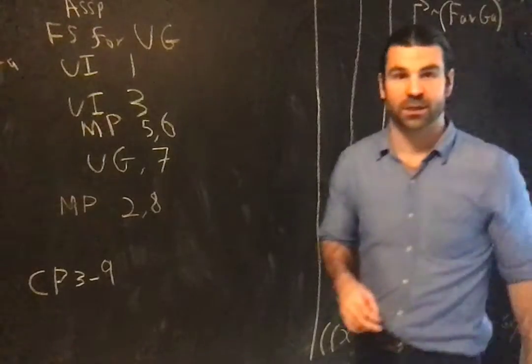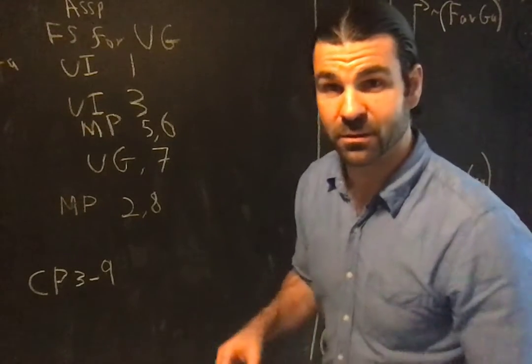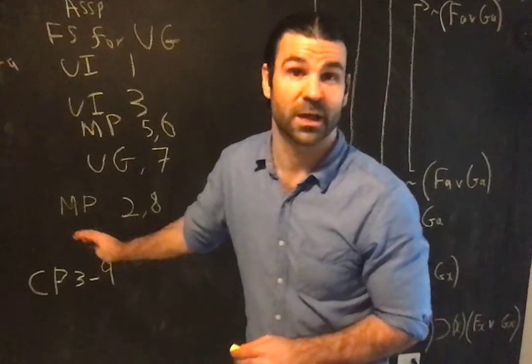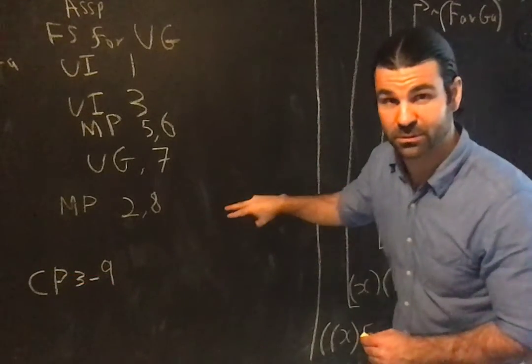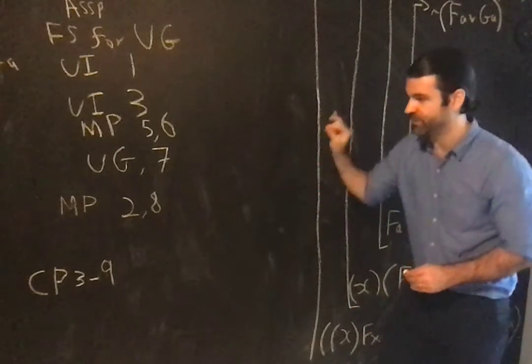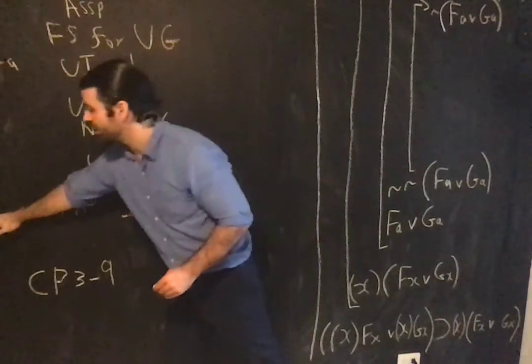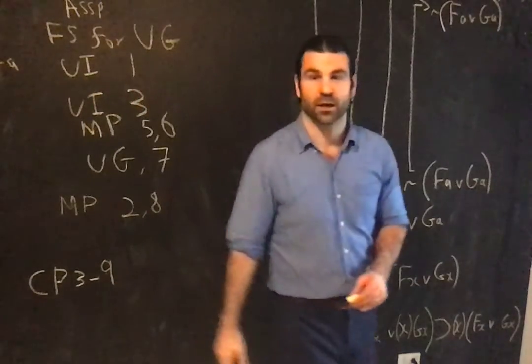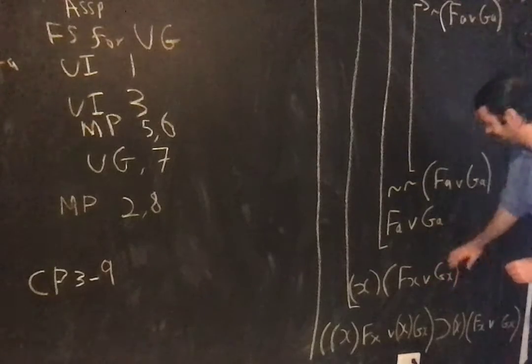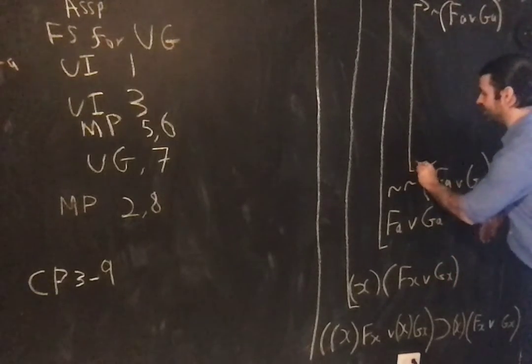Right now, you remember I always talk about the advantage conditional proof and also universal generalization have, and that you can specify exactly what formula ends your subproof, as we had here and here. Here, with indirect proof, you don't.